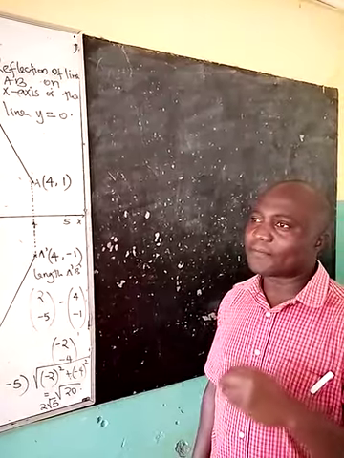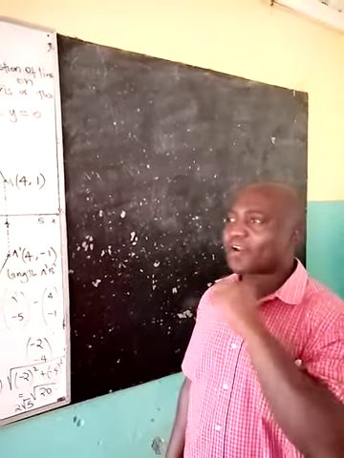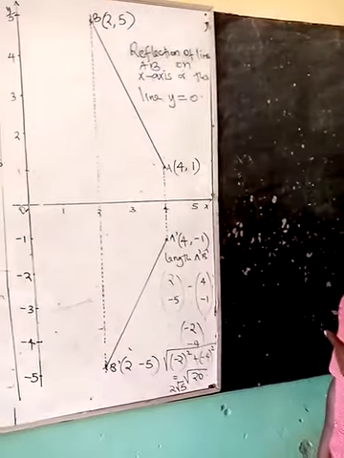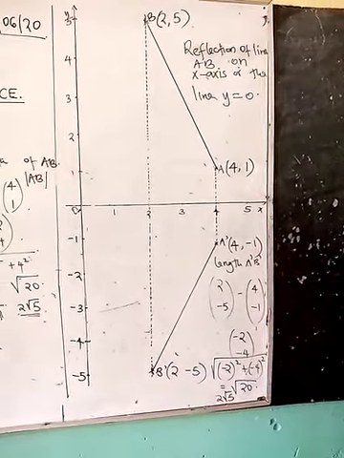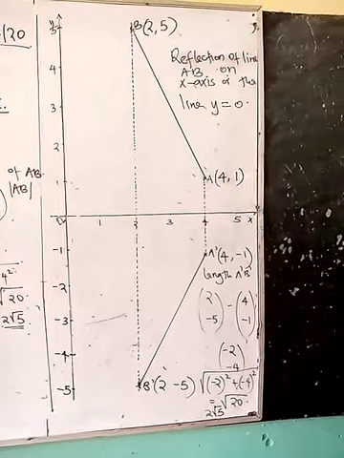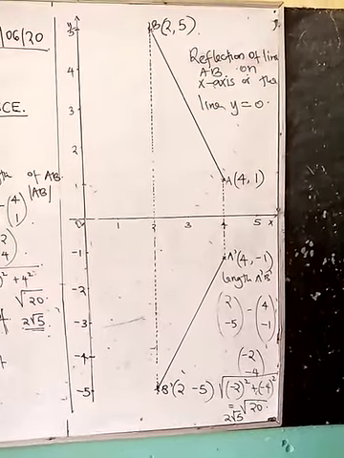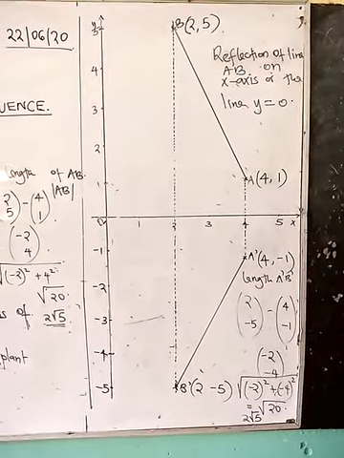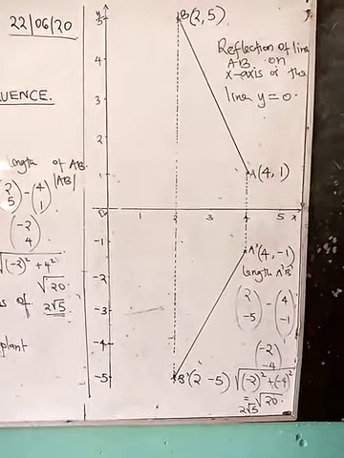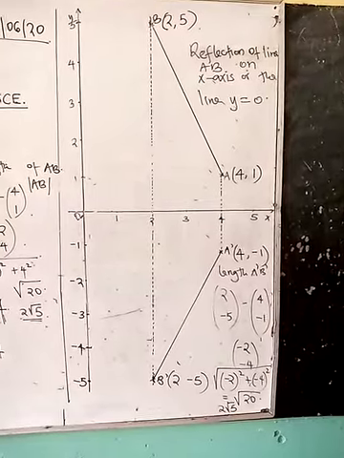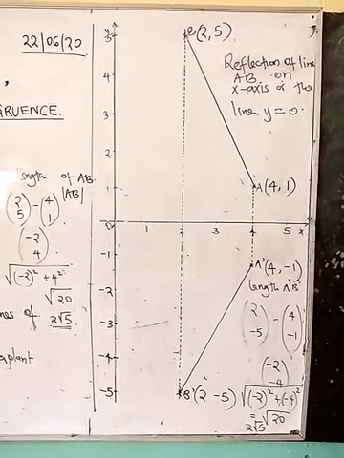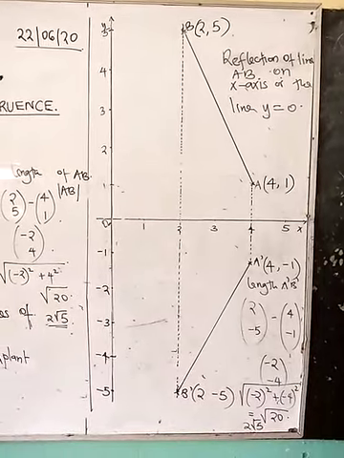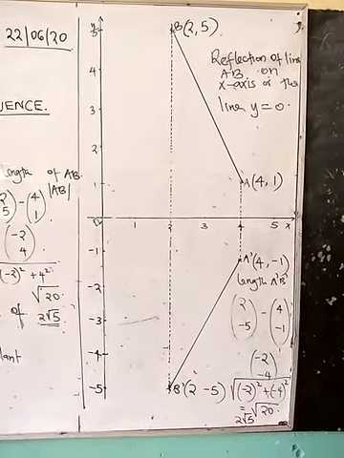Actually, it is the image that should resemble the what? The object. So in reflection, you will realize that the image has the same size and shape as the object. And that is what we are going to look at.